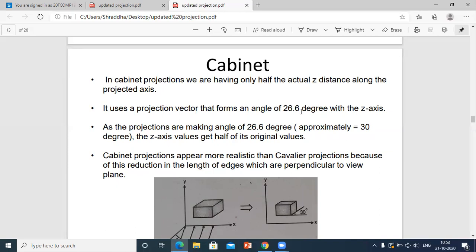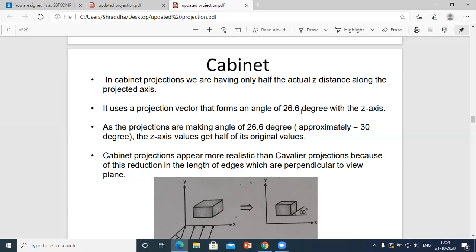What is half of 6? 3. I'm just giving an example. If the z-axis value is 6, half of its original will be 3. So cabinet projections appear more realistic than Cavalier projections. That is why I am telling you that cabinet projections appear a little more realistic than Cavalier projections, because Cavalier projections are a bit elongated, and cabinet projections are projected as they are but at half of the length.